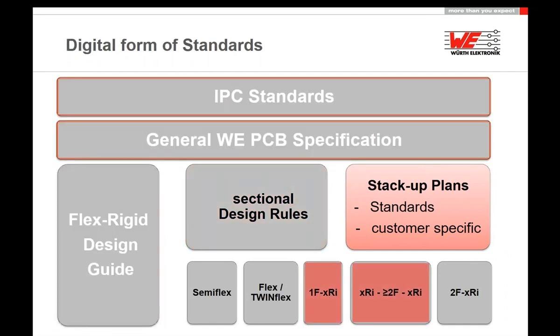So the advantages of Flex-Rigid: we remember that there is a big chance for miniaturization using Flex-Rigid. The next thing is to improve signal integrity remarkably by using Flex-Rigid, getting rid of all the solder joints and the transitions over cables and connectors.